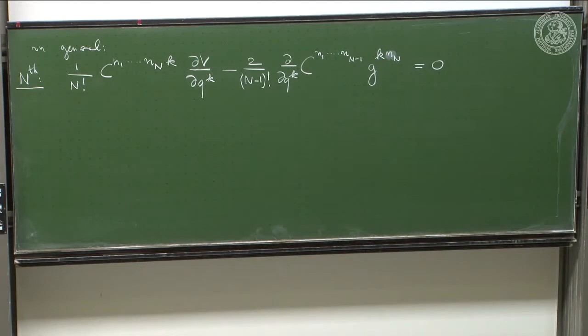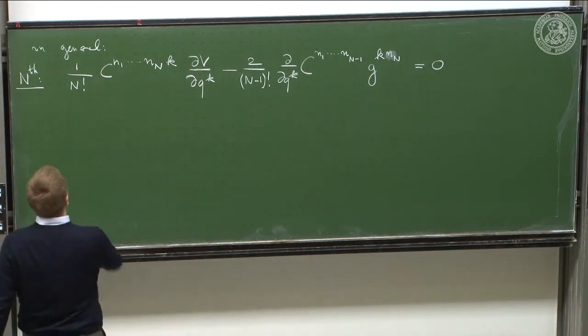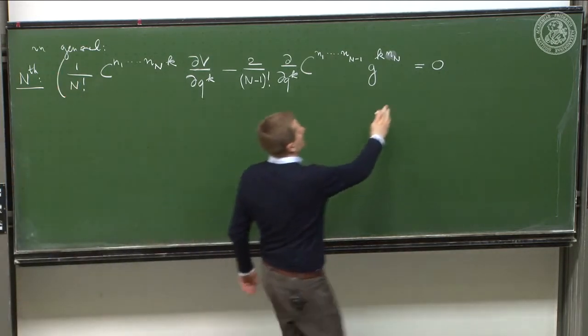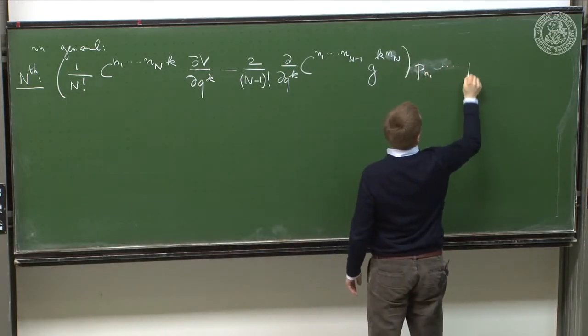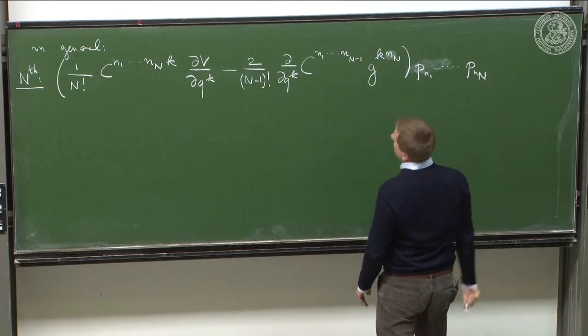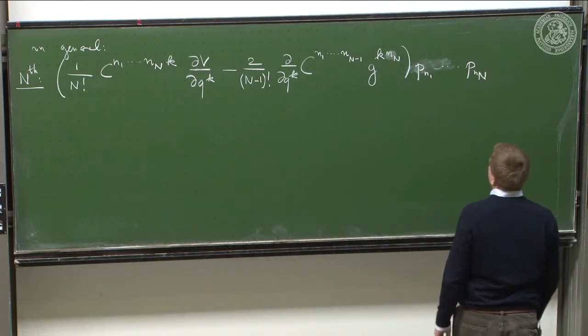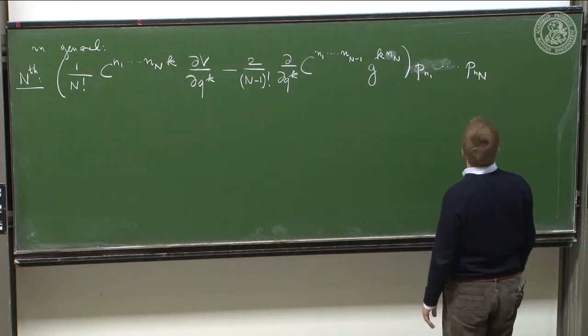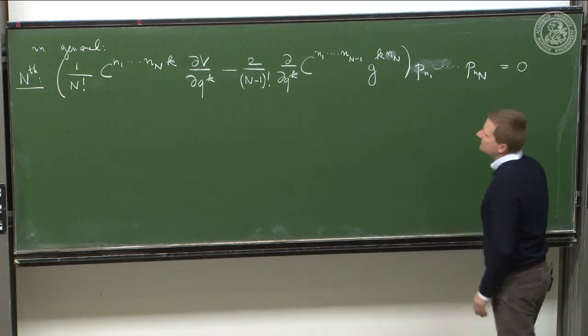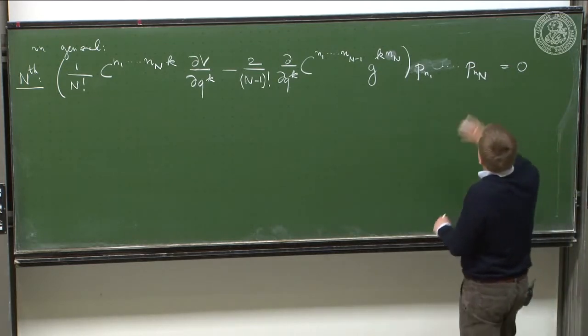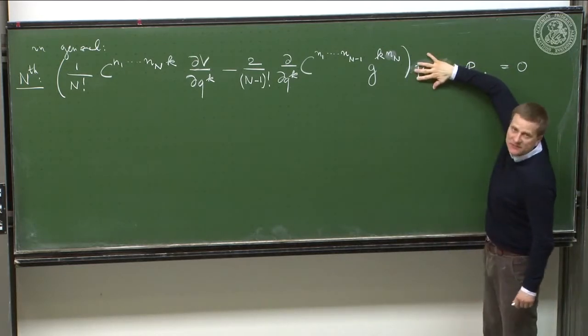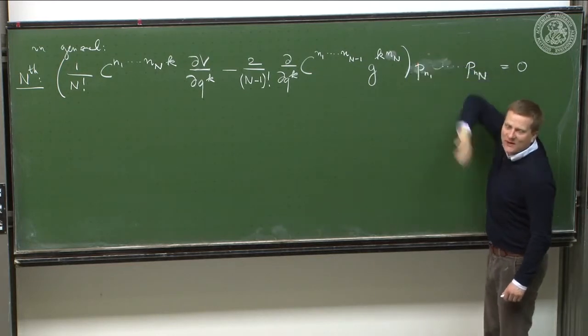What did we do? We actually know that this times p_n1 up to p_nn equals 0, right? That's actually the full thing for all p's. So we say, well, if this is supposed to be true for all p's, this must be 0. Why is this not true?